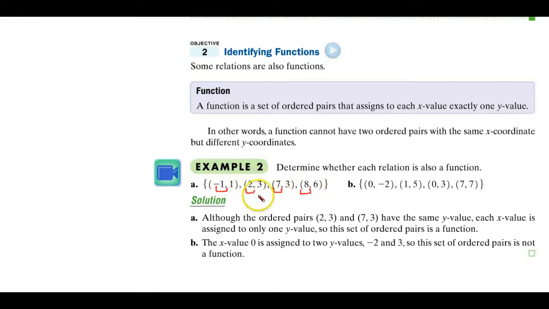No. So this is yes, it is a function. Now here we have a 0, a 1, a 0. See, the 0 is being repeated, and a 7. So since the x element is repeated, this is not a function.